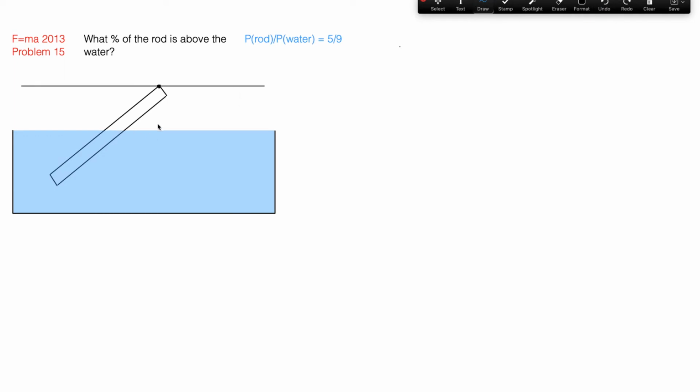So I guess the first thing we should do is find out what we're looking for. If we define the amount that's above water to be lowercase l, and the length of the entire rod to be uppercase L, then we're trying to find l over L. There's a pivot, and when I see a pivot, I think it's going to be a torque problem.